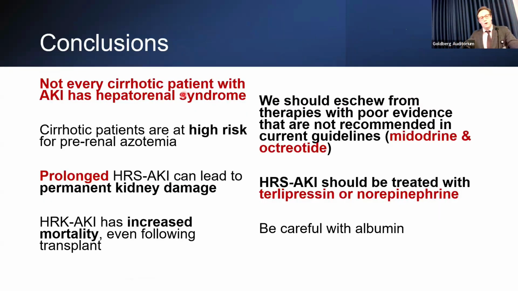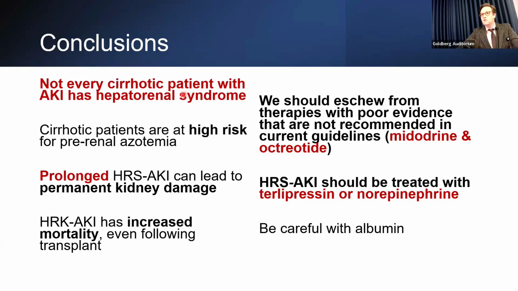So what am I saying? Not everybody with AKI and cirrhosis has HRS. All of our cirrhotic patients are at very high risk of prerenal azotemia. And the longer we are in HRS, the more likely we are to have irreversible permanent kidney damage. We should stay away from therapies that have poor evidence, that don't seem to get better, that don't seem to fit in our current guidelines.